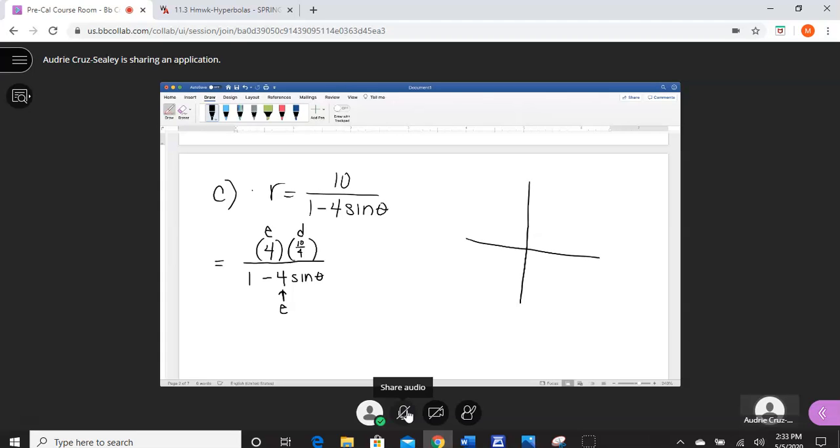But when I write it over here, e is 4 and d is 5 halves. So then what kind of conic is this? Hyperbola. This is a hyperbola. And how do you know that? The eccentricity is greater than 1.